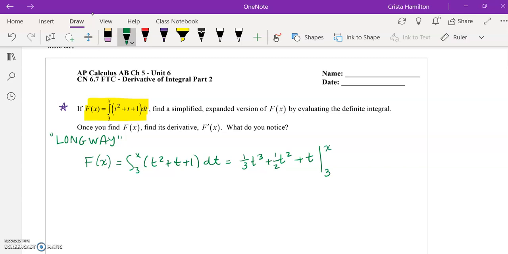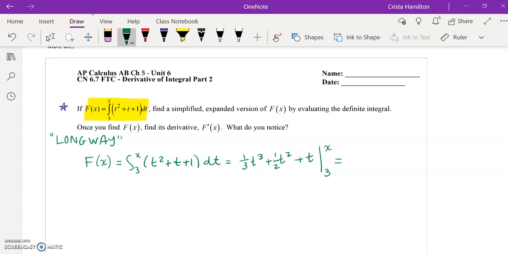Remember that what we do to calculate the definite integral is take this general antiderivative and plug in x and plug in 3. We calculate the net change.